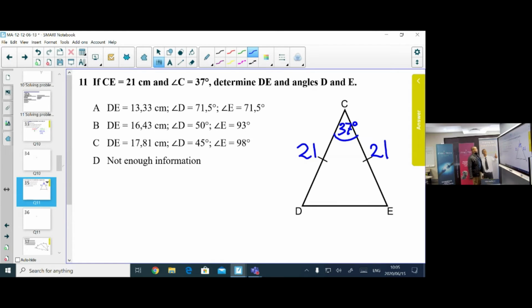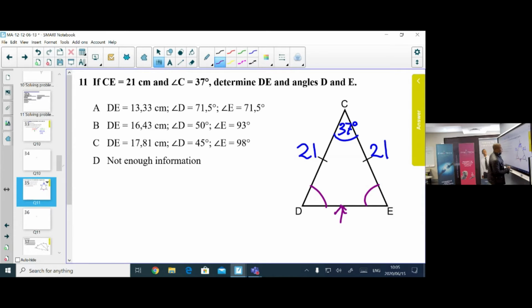So this is information that is given, and we are asked to find side DE, as well as the angle at D and at E. Since we are given one of the angles of an isosceles triangle, it means we can easily find the other two angles.